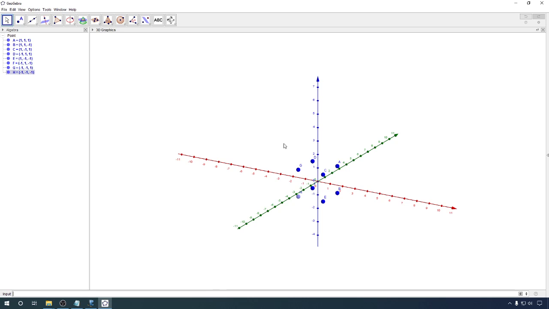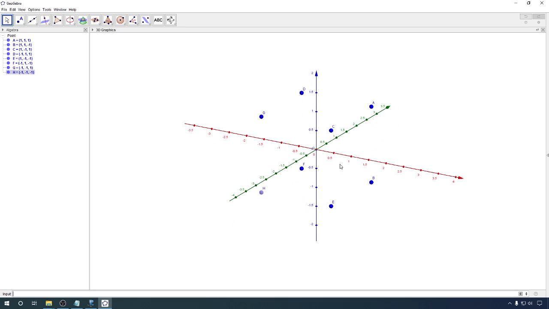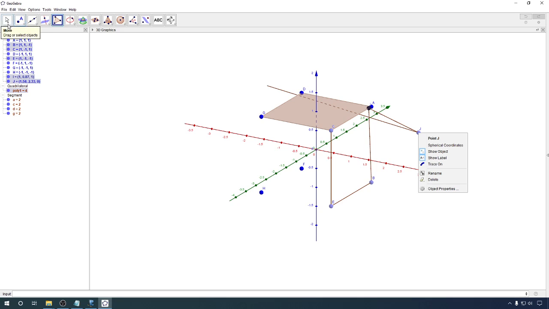So all 8 different points of our cube, we can go ahead and actually plot the faces. So let's say we have that face. And why did you plot another point? I didn't want that.